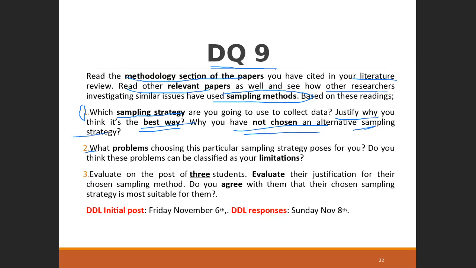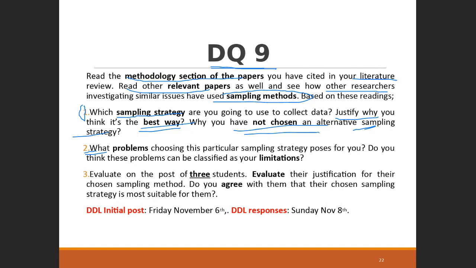Secondly, if you're choosing a particular sampling strategy, what problems does choosing that strategy pose for you? Do you think that these problems can be classified as limitations? I have discussed this in today's session as well. So you need to tell us what problems you could possibly have by choosing those sampling strategies.